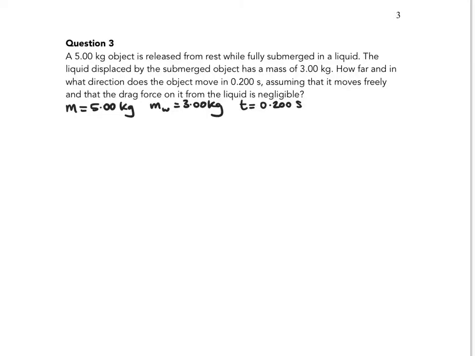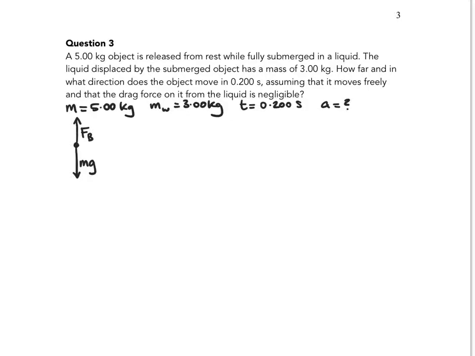0.200 seconds. Now, if we're looking for how far and what direction does it move, then we're going to be needing to find the acceleration of this object. So we're looking at kinematics, but we're going to have to draw a force diagram to be able to do this. So this thing has got mass mg acting downwards. It's also got the buoyant force acting upwards. Call it FB for now.